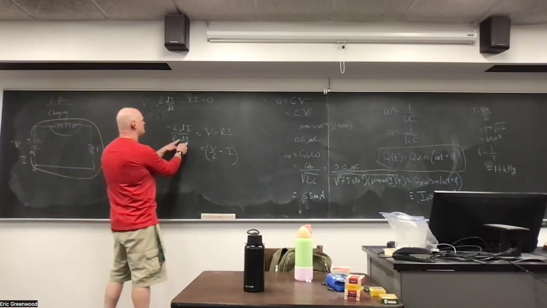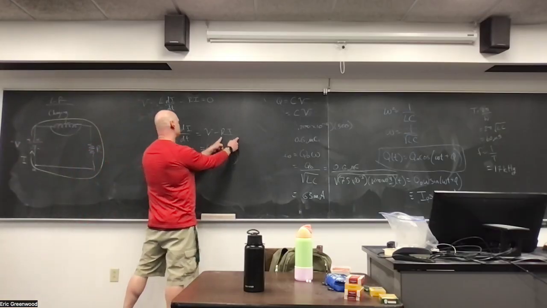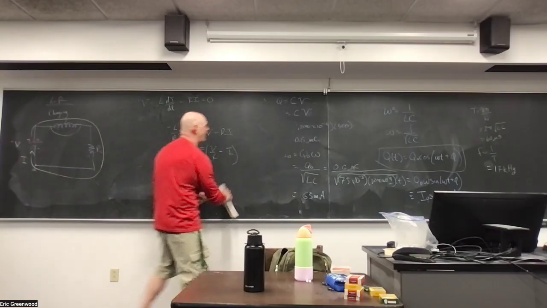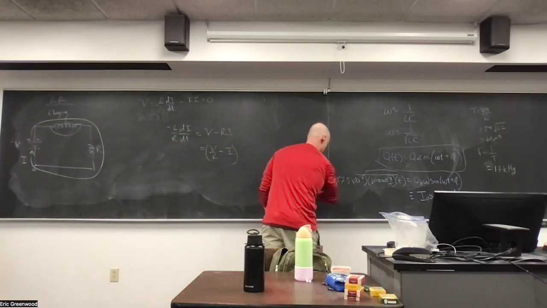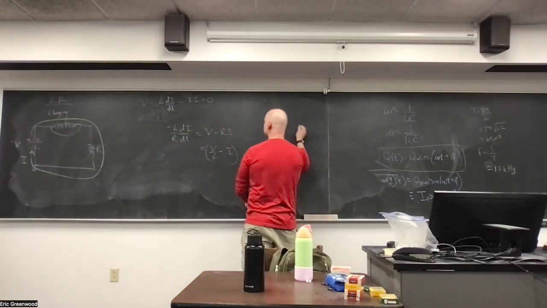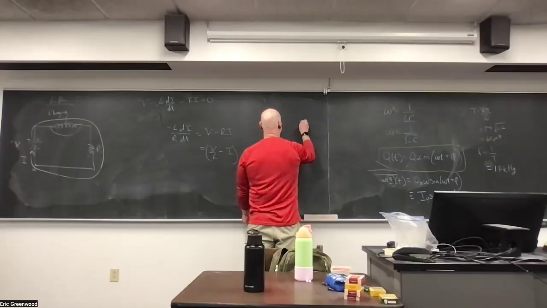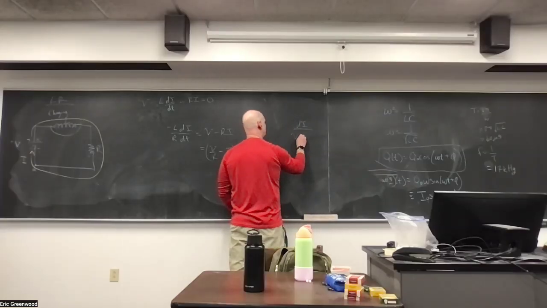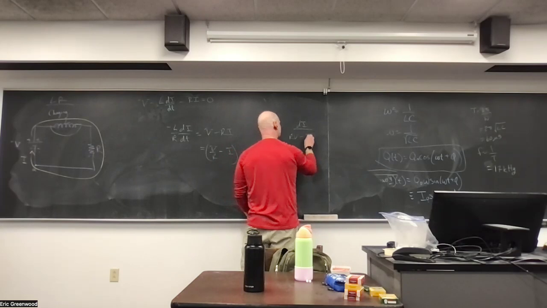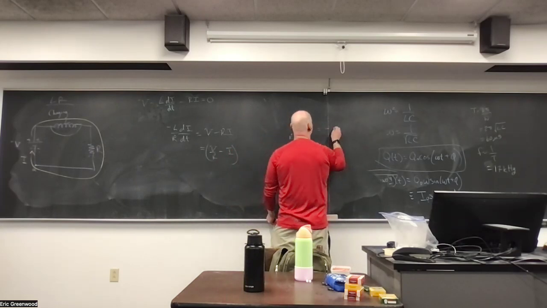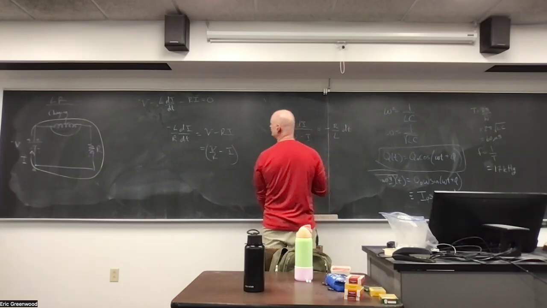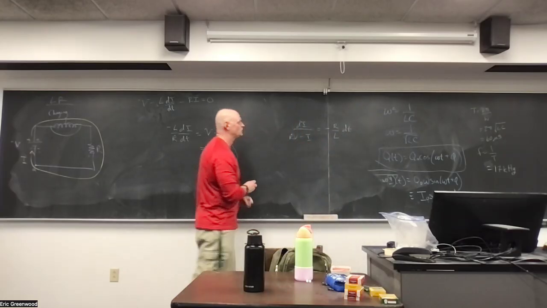Now from here, I'm going to bring all the time terms to this side and all the I terms to this side. So we're going to get di over (V/R minus I) is then equal to minus R over L dt.